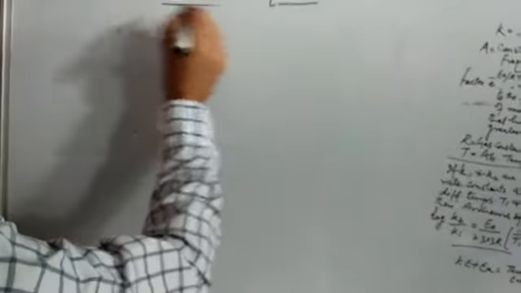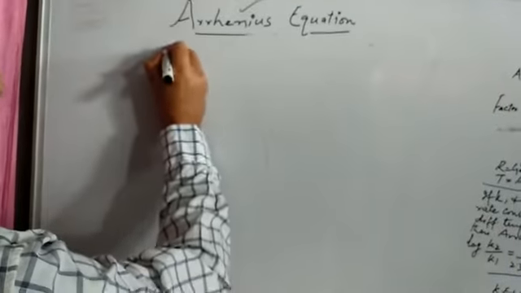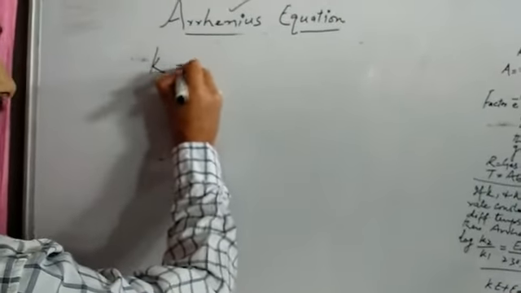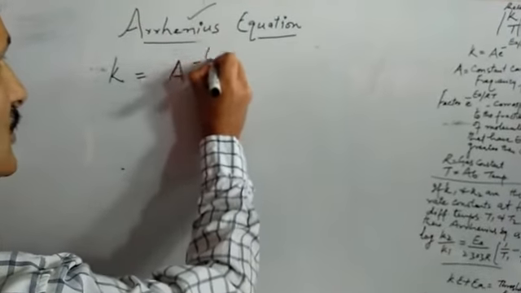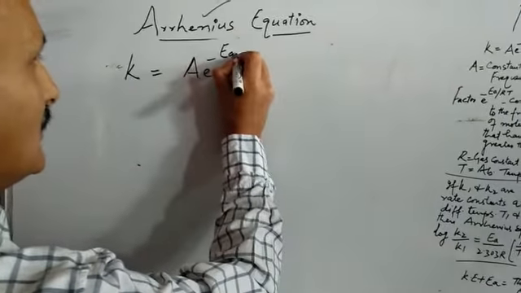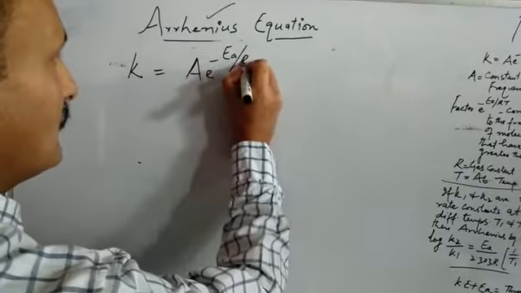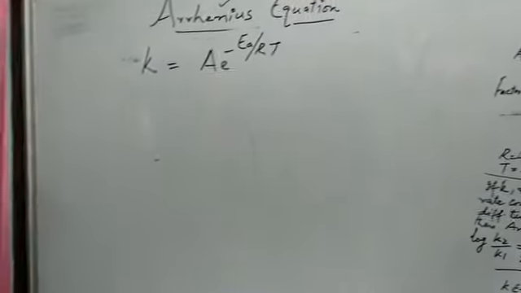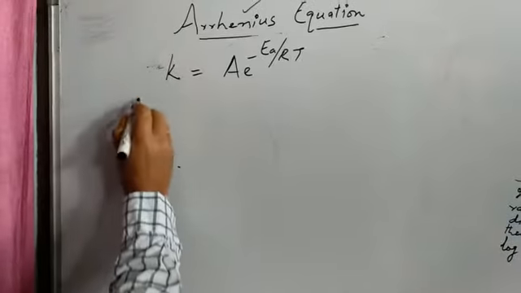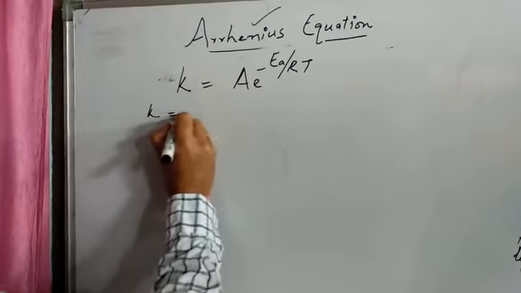That equation, the Arrhenius equation, is given by K equals A e to the power negative Ea upon RT. Now we have certain terms in it. Let us take them one by one. Here K, you know, is the rate constant.